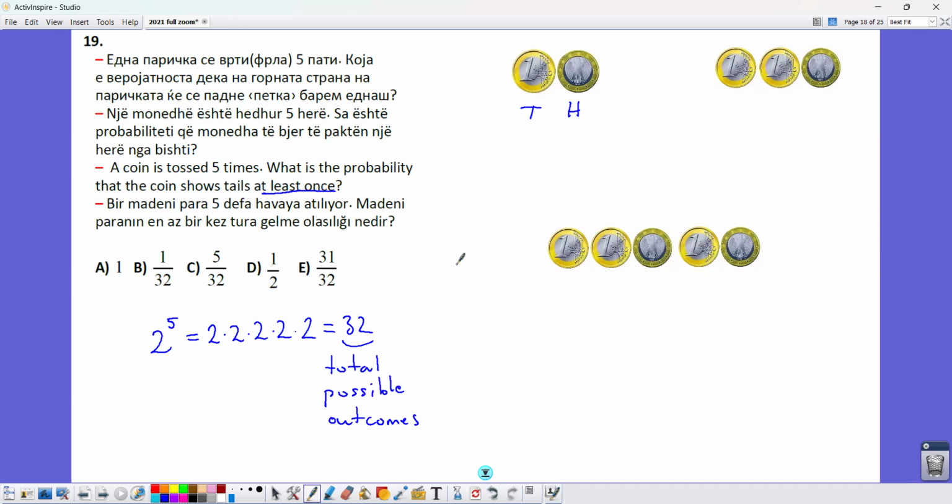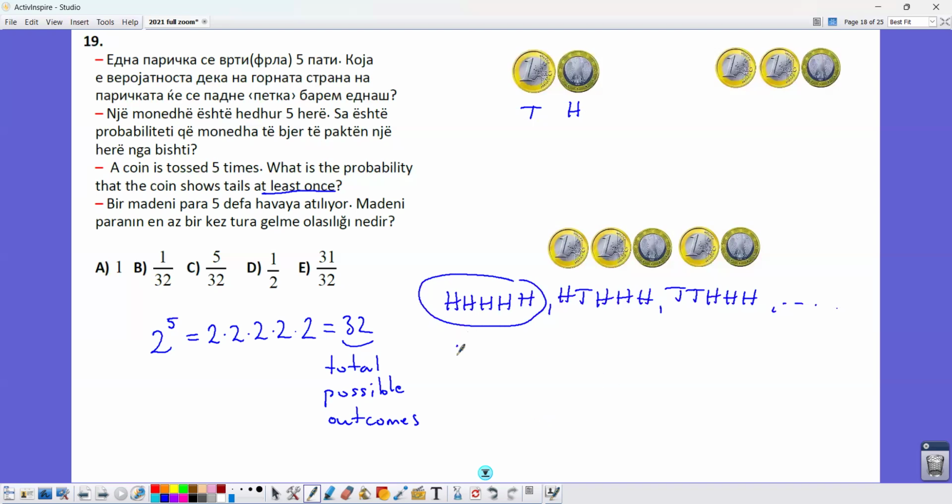If you try to write all the 32 possible outcomes, you will have, like, all of them head, or one of them tail, or two of them tail. When you write all of them, you will see that only once it doesn't show tail, because it says at least once. It can be 2 times, 3 times, 4 times or 5 times.